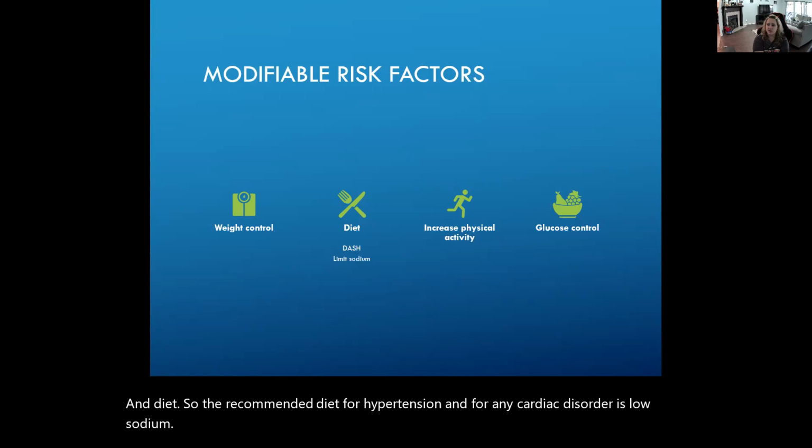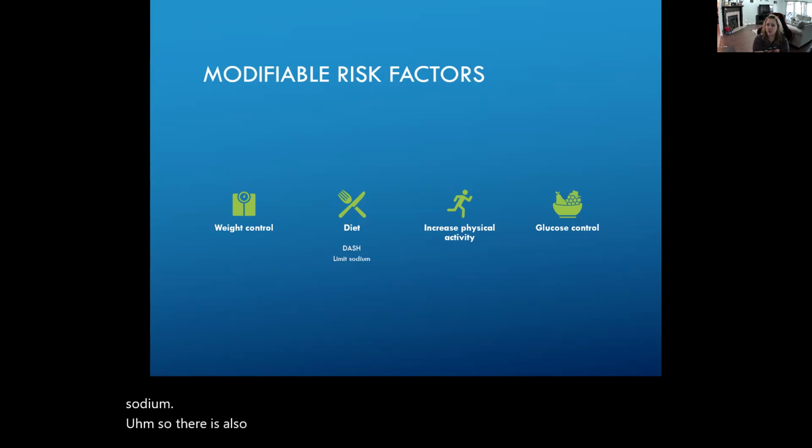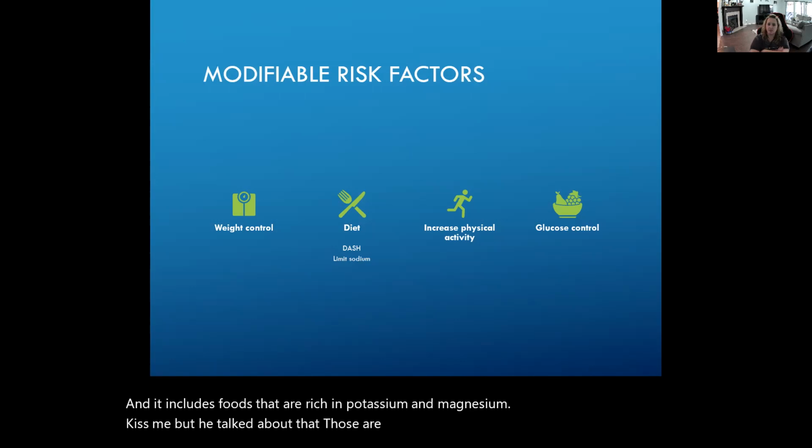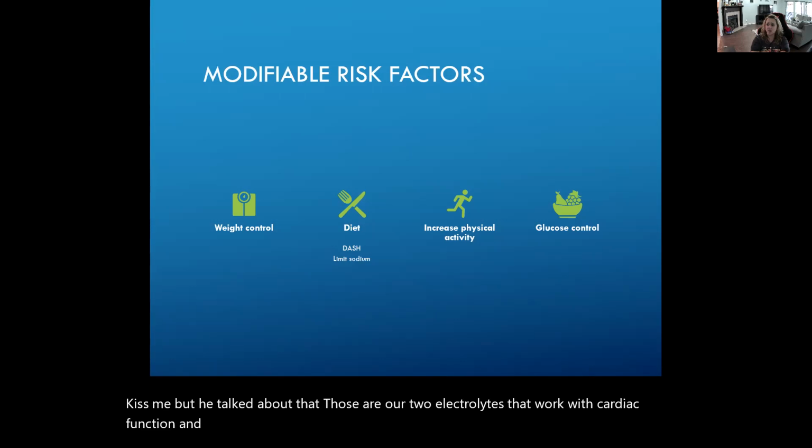There is also a diet called the DASH diet, recommended for those with hypertension. It includes foods that are rich in potassium and magnesium, because we already talked about how those are the two electrolytes that work with cardiac function. Those are also shown to help control blood pressure.